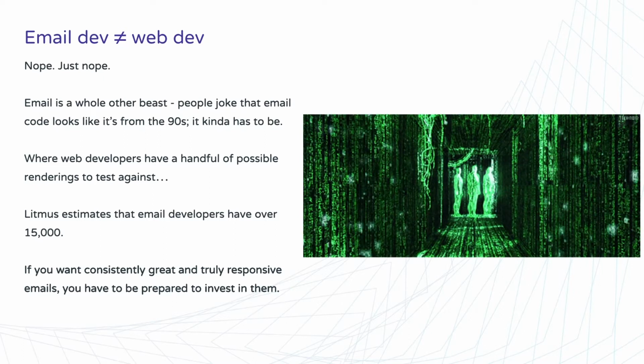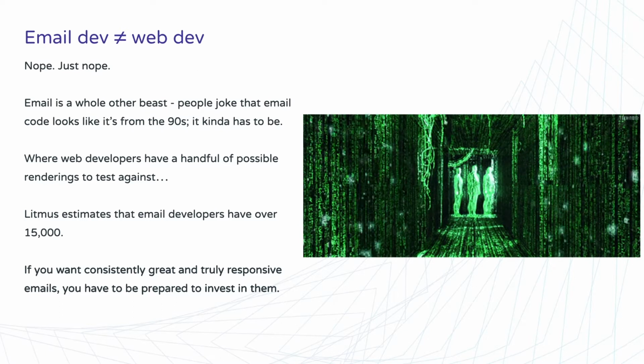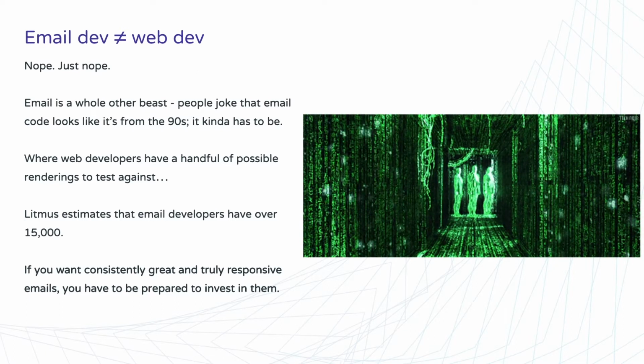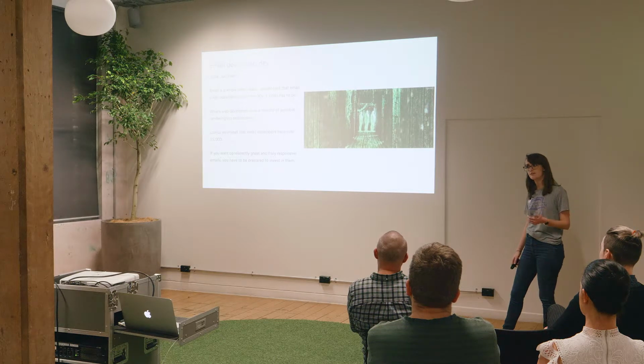First thing is that email development is not the same thing as web development. They are very different things. Email is really a whole other beast, and lots of people make jokes about the fact that email code looks like it's from the 90s.